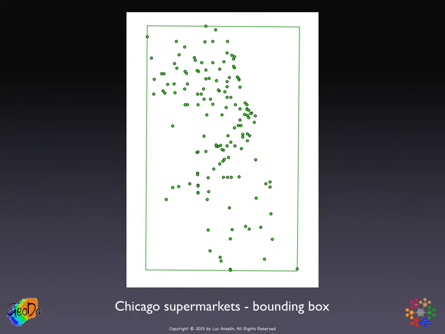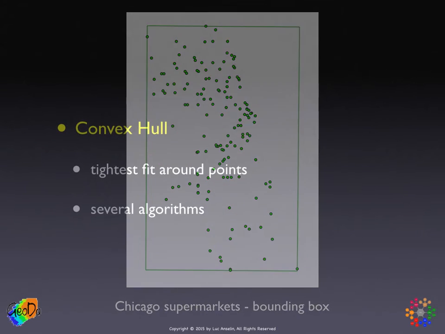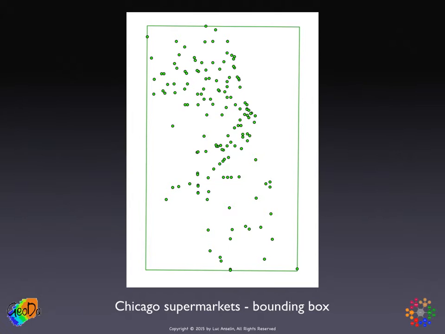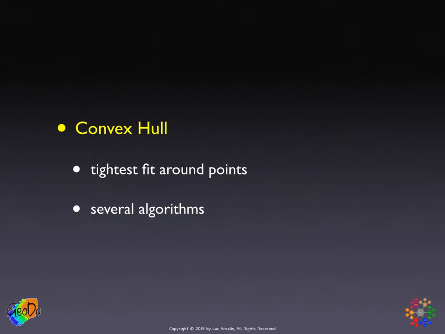And then a third option is the convex hull, which is a polygon that fits around the points in the tightest possible fashion. If you recall the bounding box, there's a lot of white space in there, especially in the lower right and the upper left of the point pattern. In a convex hull, this is not the case. The convex hull basically encloses the points.